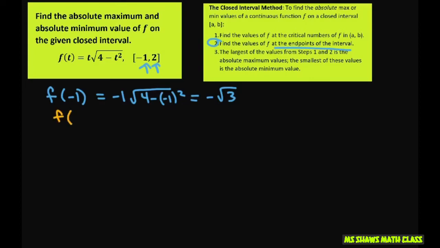When I plug in 2, the upper bound, I get 2 times the square root of 4 minus 4, which equals 0.